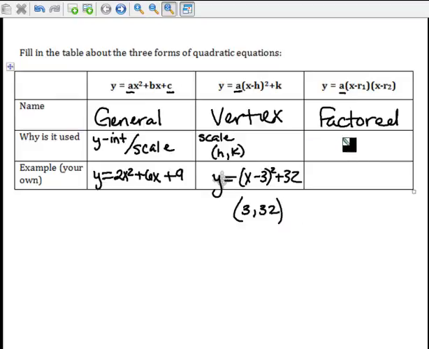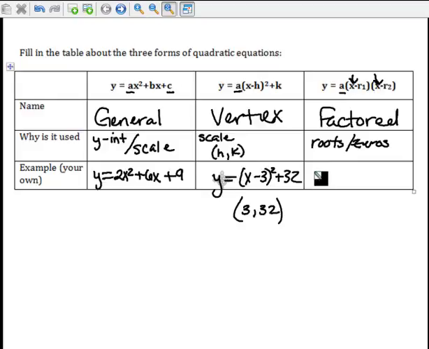Okay, and then finally factored form. The biggest benefit here is that it gives us the roots or the zeros. And of course those are what can be plugged in here to make this set 0, this set 0, so what those variables can be there.